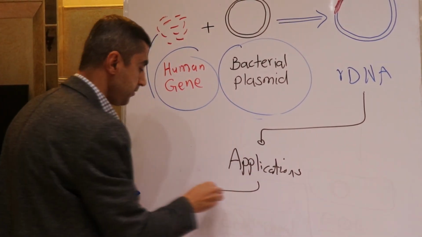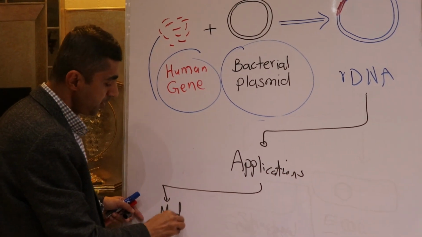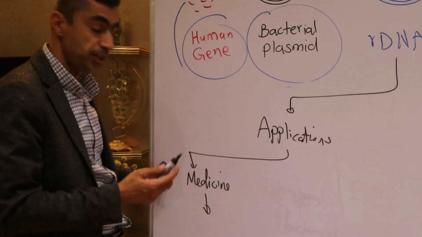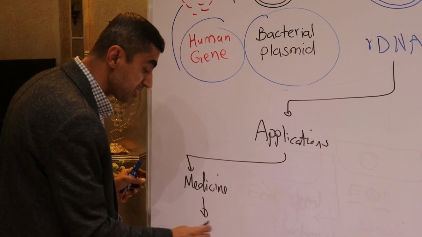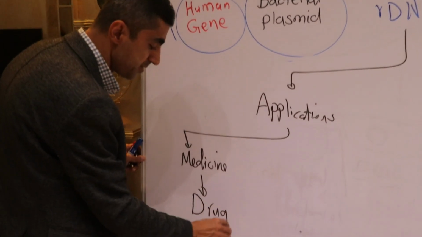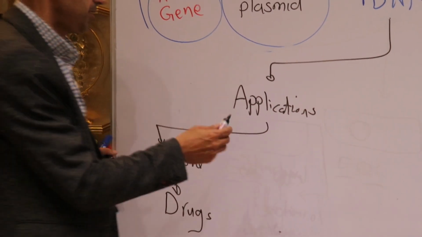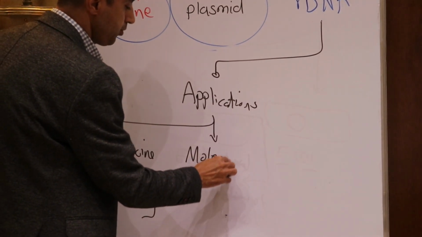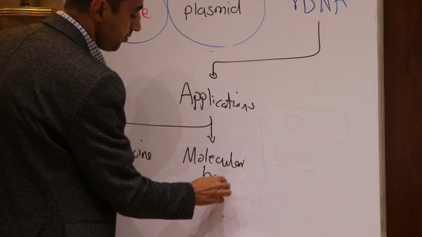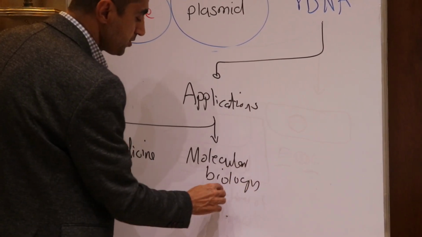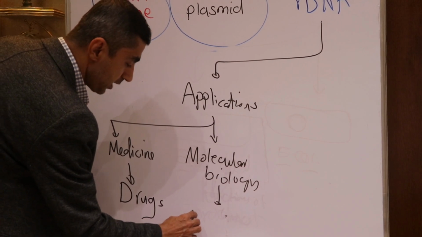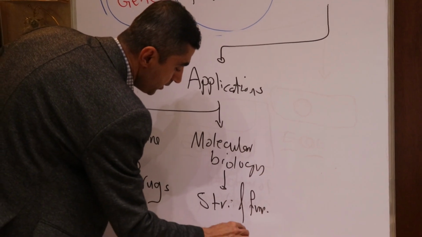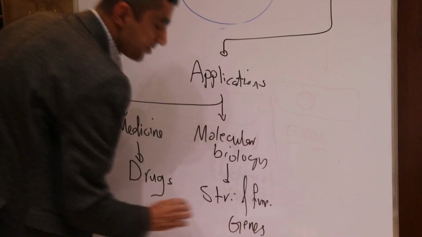For example, in medicine it can be used to produce beneficial or valuable products such as drugs or vaccines. In molecular biology, it can be used to study the structure and functions of the targeted genes.